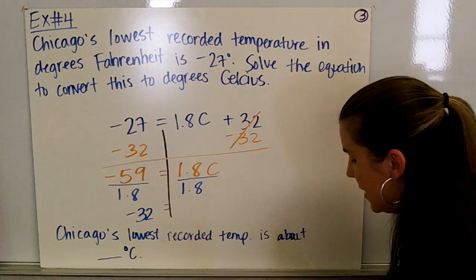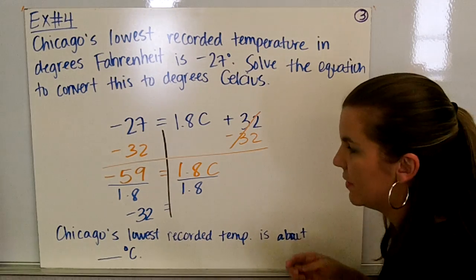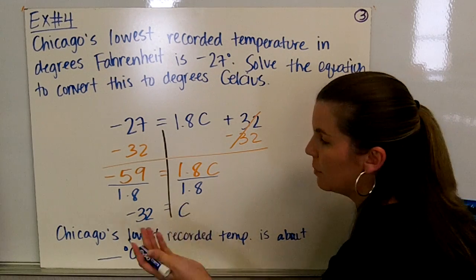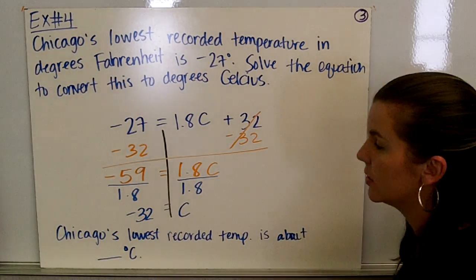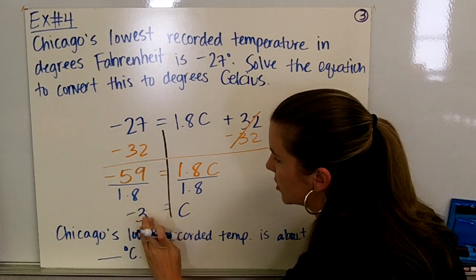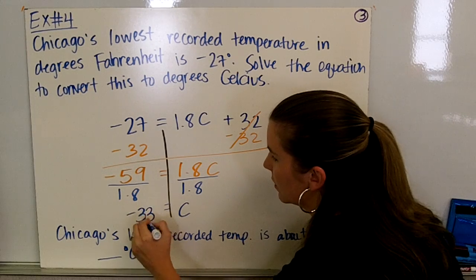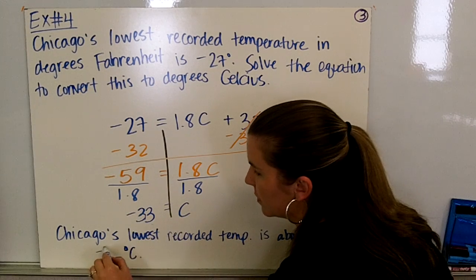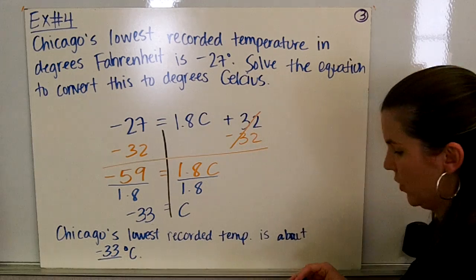It comes out to be like negative 32.77 repeating, but just for the sake of the problem, we're going to round and say negative 32, let's actually call it negative 33, because 0.7 would round up. So negative 33 degrees Celsius.